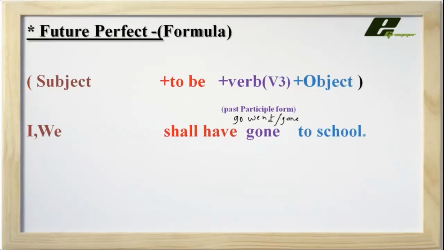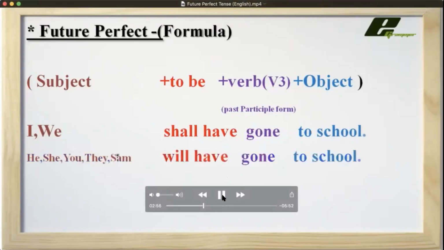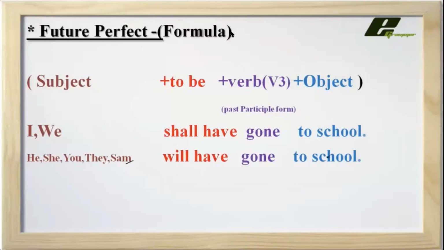The three forms of the verb go are go, went, gone, so here we used the third form of the verb, gone, which is the past participle. If my sentence begins with he, she, you, they, or Sam, it will sound like this: Sam will have gone to school. Sam is the name of a person.